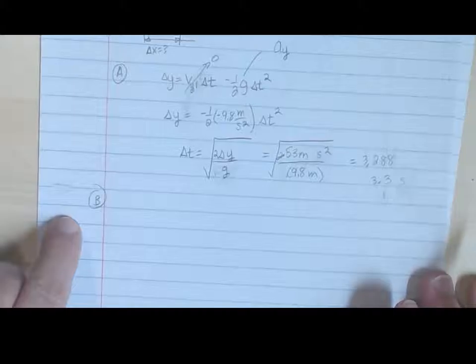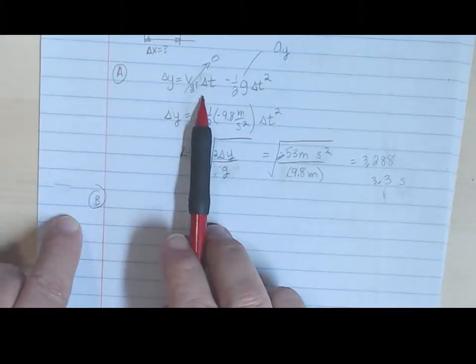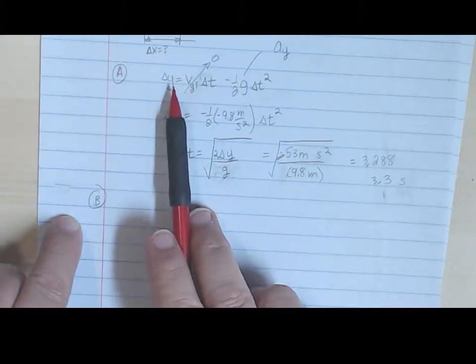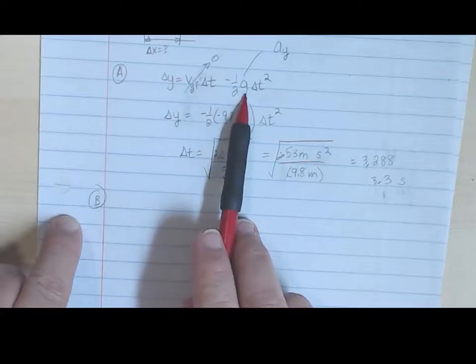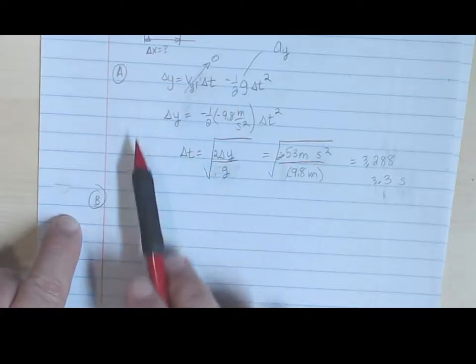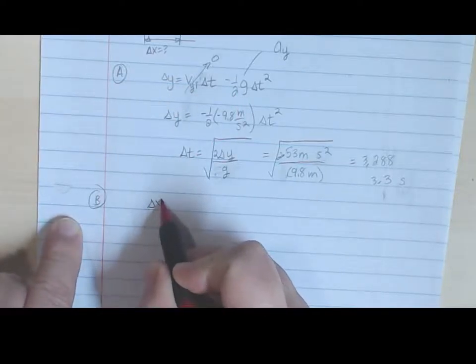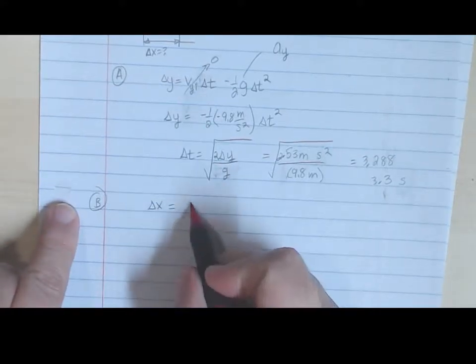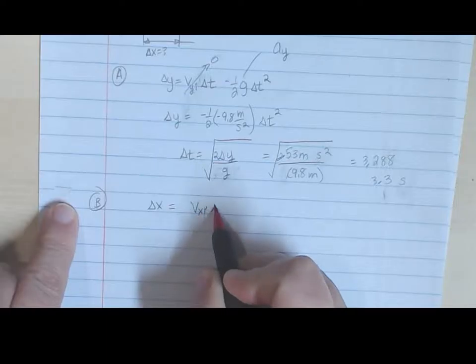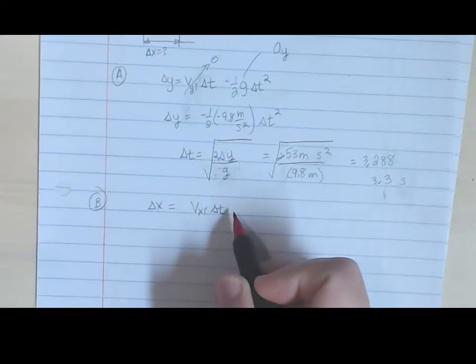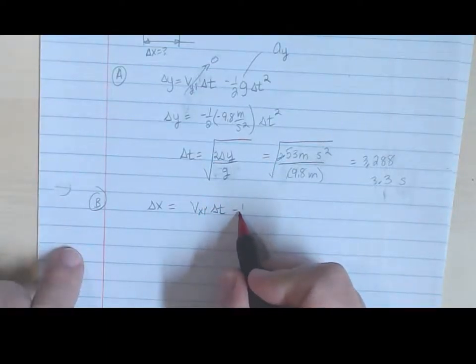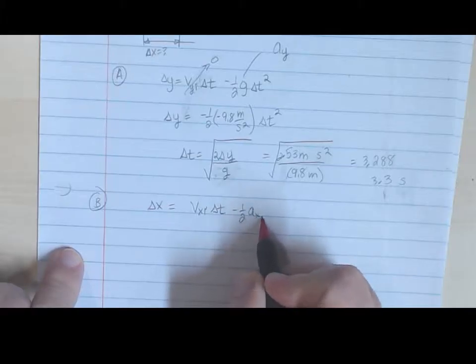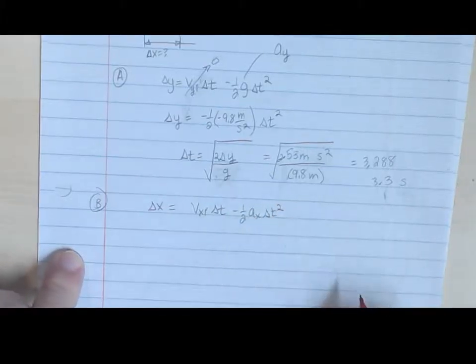Actually, I'm going to use exactly the same equation, only now I put x's and vx and ax and all that in there. So I'm just going to copy the same equation, just replace the letters so they are appropriate for the horizontal direction. I have vx initial delta t, minus 1/2 ax delta t squared.